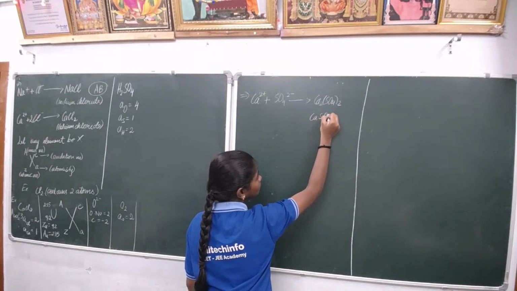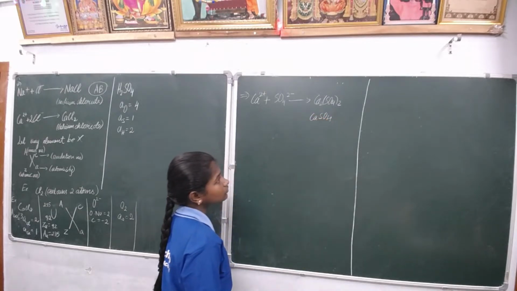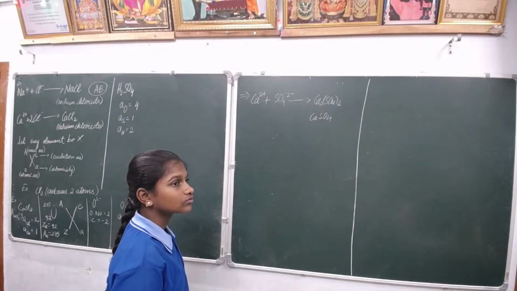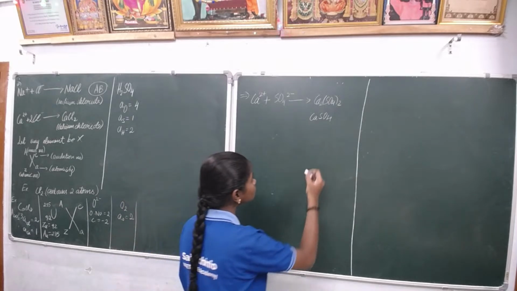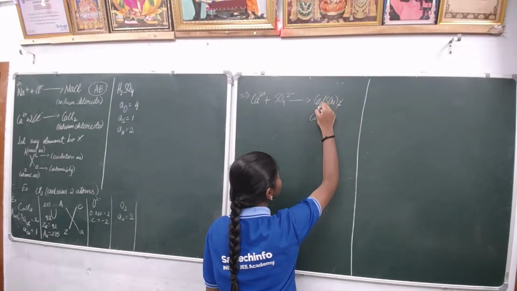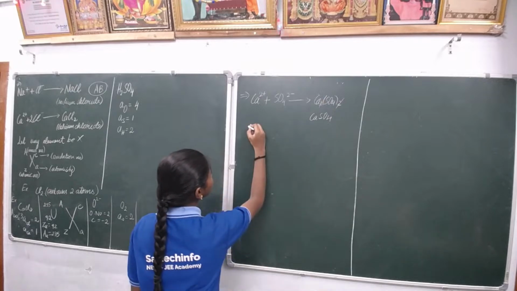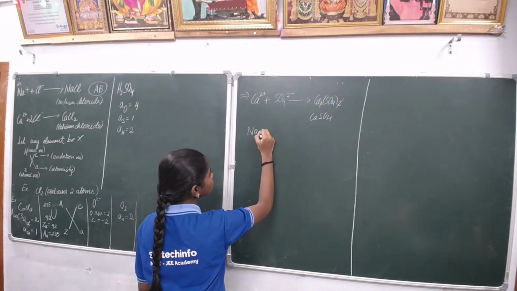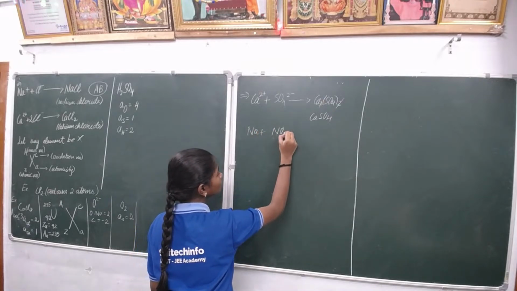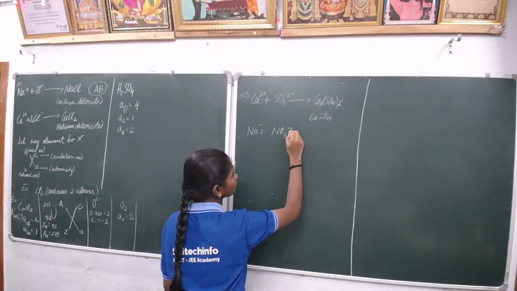So you can simply put CaSO4. Let us consider Na+ and NO3- gives NaNO3, sodium nitrate.